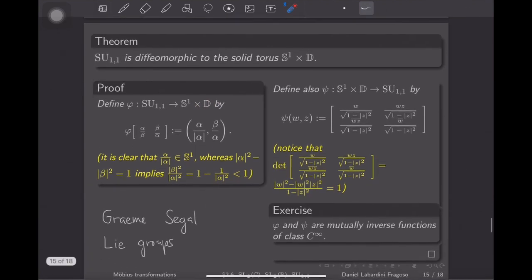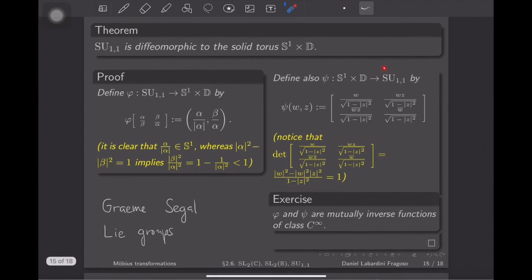And also knowing the formulas, one can just check they are mutually inverse. I leave it as an exercise that they are mutually inverse and of class C infinity.